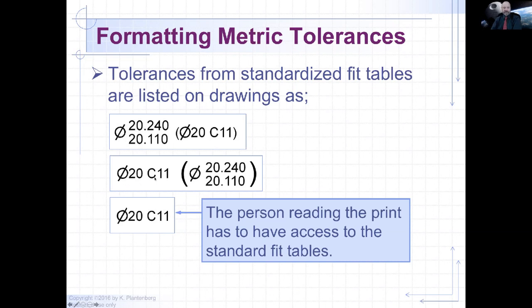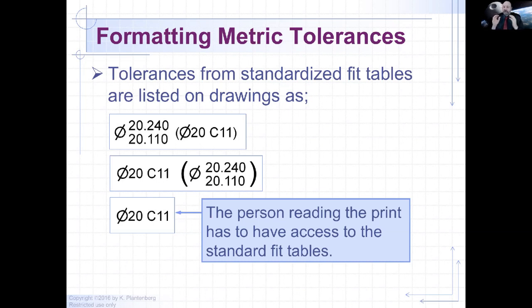Or you can dimension it this way, which means this. You can dimension it this way, which means that. Or you can just dimension it this way. Remember, these are in parentheses because these are redundant dimensions to what's already there. That was from the dimensioning chapter. If you put it in parentheses, that means it's there for clarity.